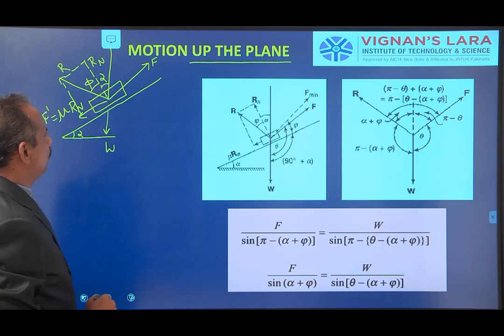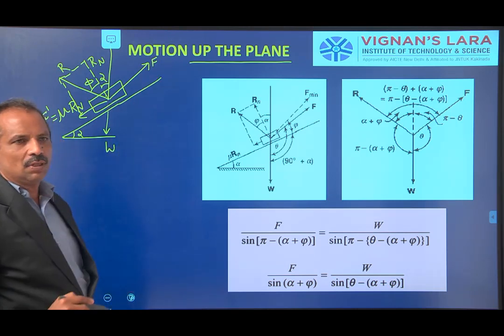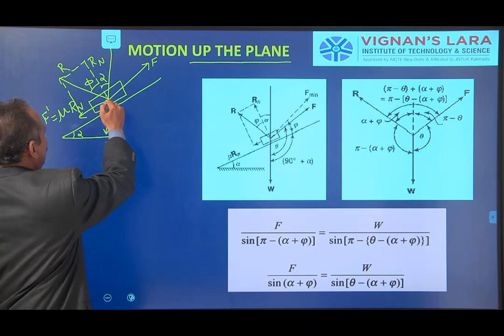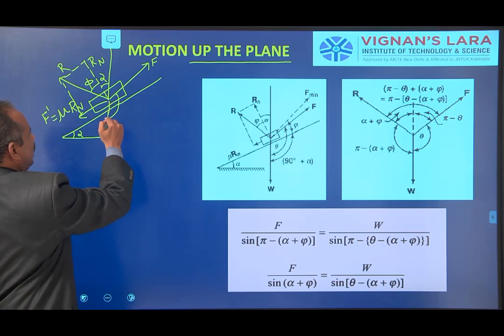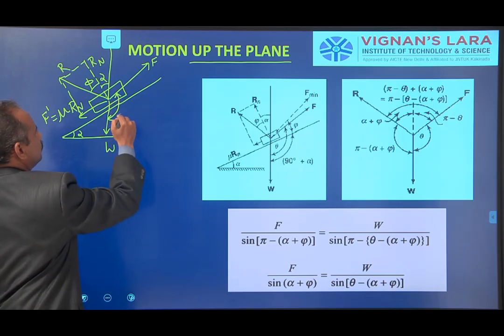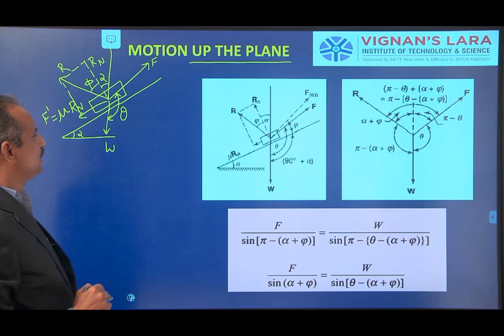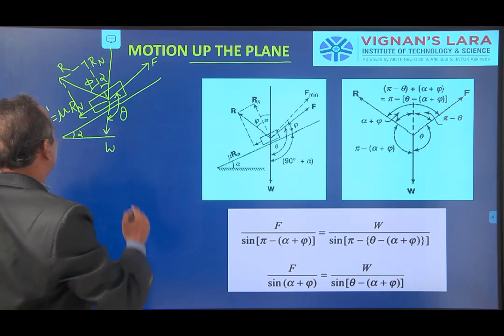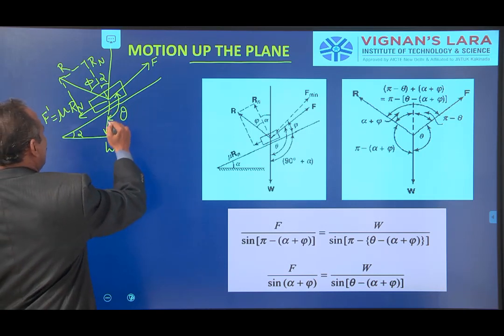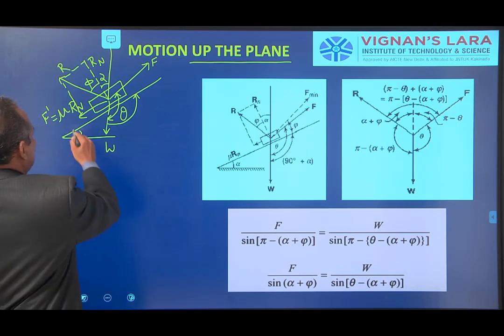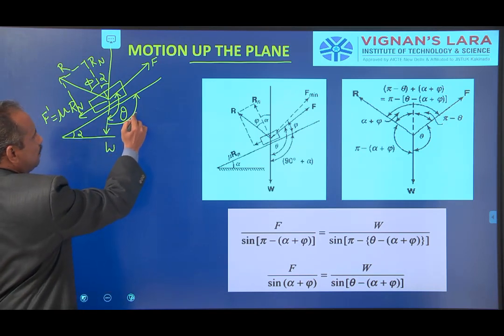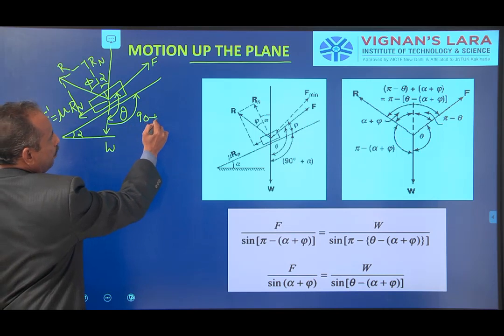Okay, so now you can see there is a force F applied which is making some angle with W. This angle I define as theta. Then you can also write the other angle from the geometry: if this is alpha, this becomes 90 plus alpha.